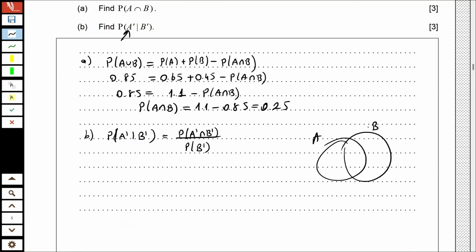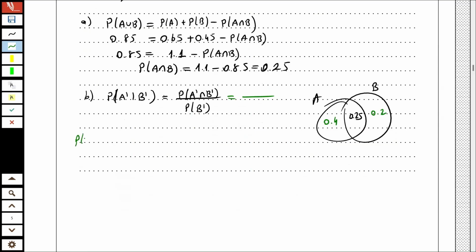You know that the intersection is 0.25 and the probability of A is 0.65, so in this case you can write 0.4 here. The probability of B is 0.45, and here is 0.2. Since the probability of B equals 0.45, the probability of not B is going to be 1 minus 0.45, because the total probability of B and not B is going to be 1. From here, you can write 0.55 for not B.